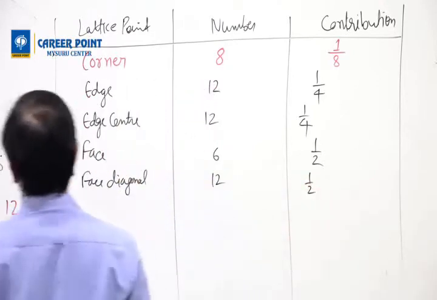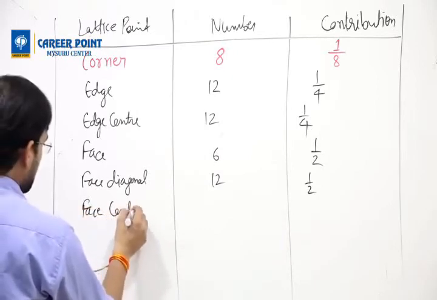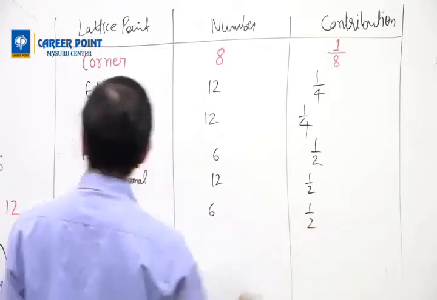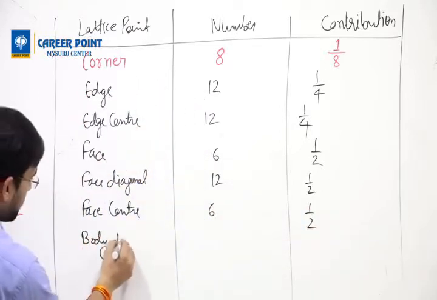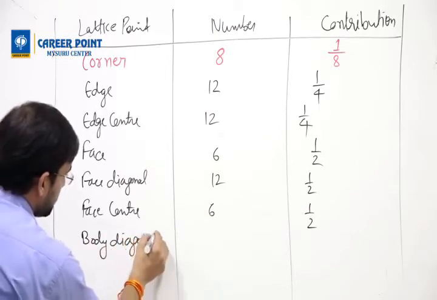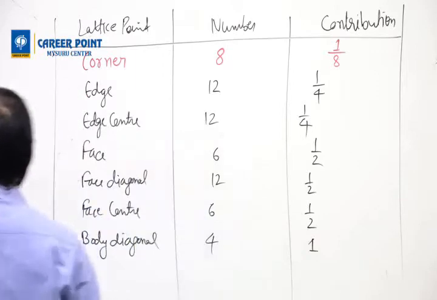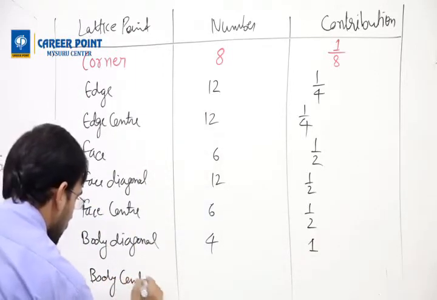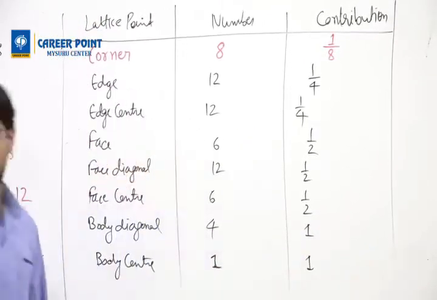Contribution is 1 by 2. Then face center is 6. Contribution is 1 by 2. Then body diagonals, there are 4. Contribution is 1. Then the last, body center, is 1. Its contribution is 1.